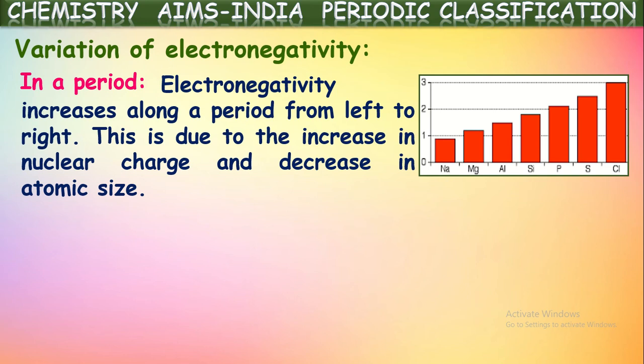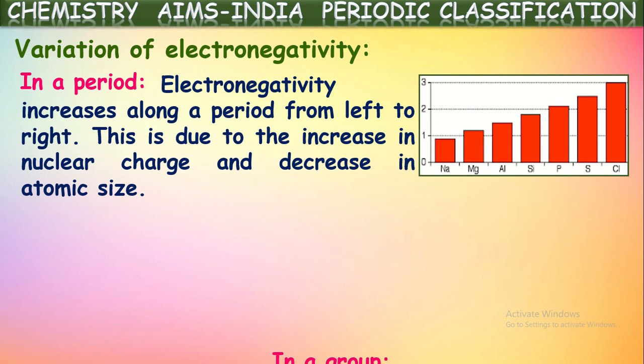One period is shown here, the third period, sodium to chlorine. From sodium to chlorine, size decreases gradually and nuclear charge increases. If nuclear charge is greater, the tendency of pulling the electron pairs towards it increases. Hence, electronegativity in a period increases from left to right.